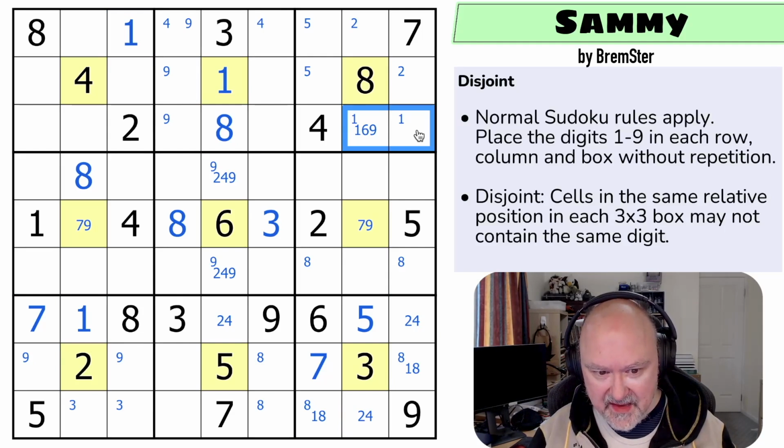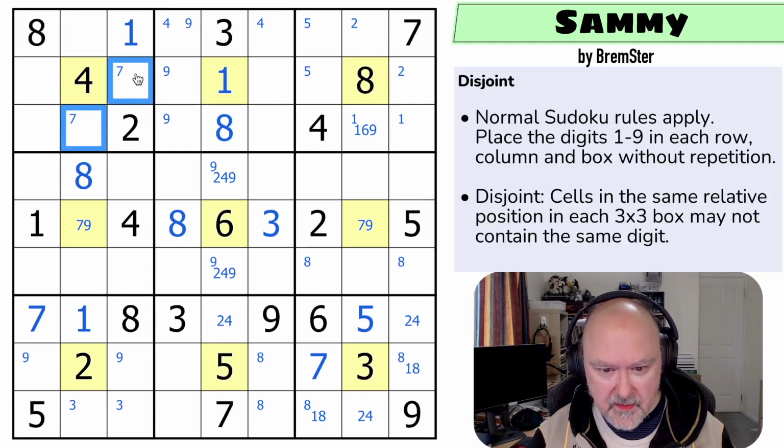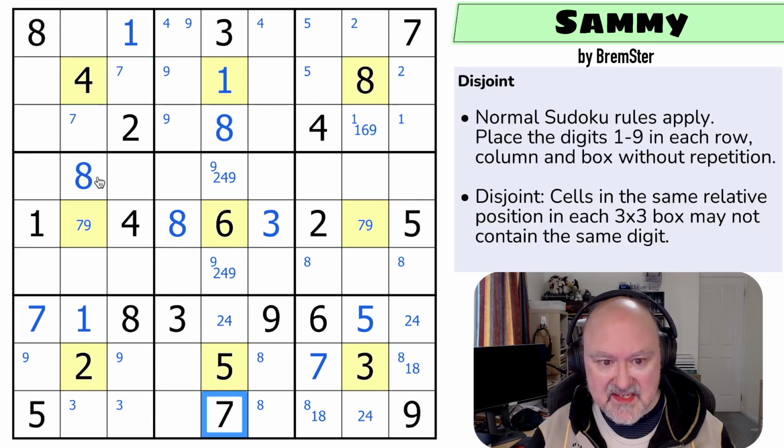Can I take that further? Not sure. 7 means 7 isn't in any of those, because that 7 sees those and that 7 sees those. So 7 is in one of those two. And that 7 sees that one.